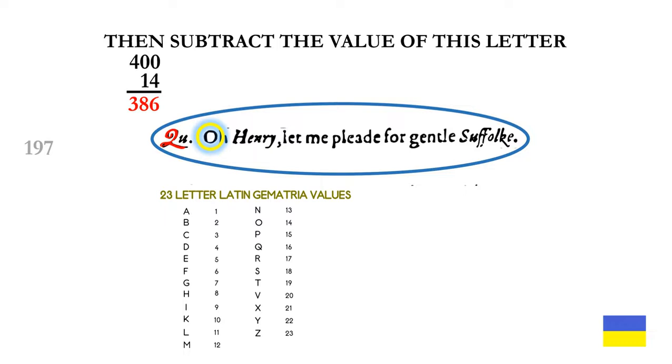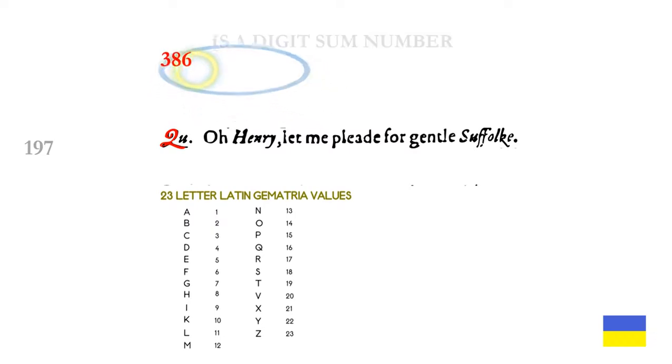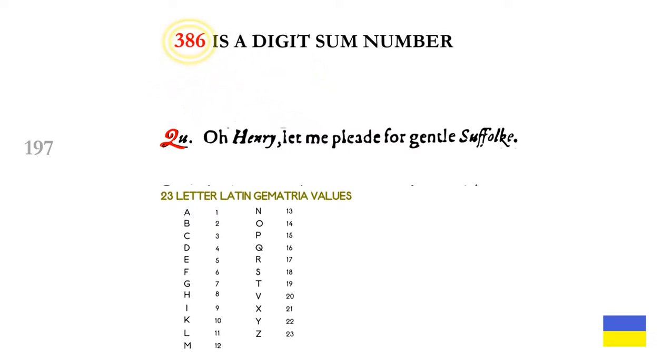We need not go further because 386 is a digit sum number whose digits add up to 17. 3 plus 8 is 11, plus 6 is 17.